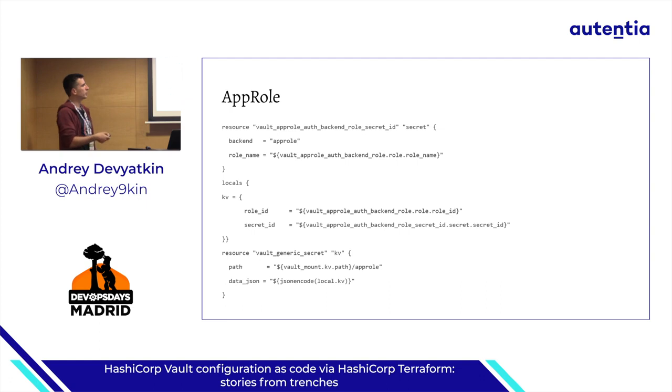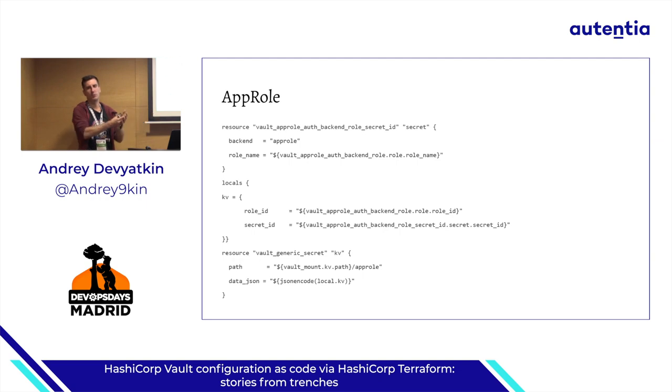And another way, you could use Terraform to actually create those and store them in KV. So you're creating the secret ID for this backend, for this role name, and as you can see, I can refer to other resources in Terraform, saying get this role name, because then I'm not thinking about changing the role name everywhere.